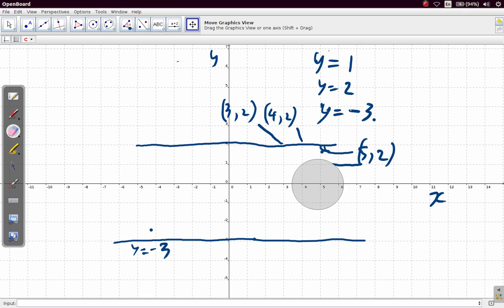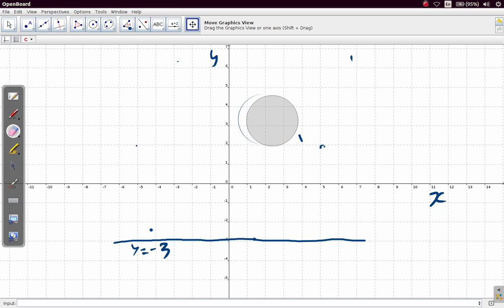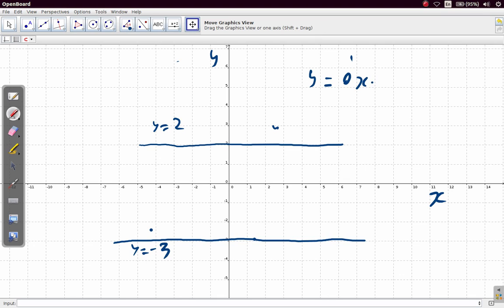Now, let me concentrate on this particular line a little bit. Oh no, it's gone. Let me draw it back. This line here, y equals 2. Now, the thing is, this could be in the form y equals 0x plus 2, so that you have no x. 0 multiplied by x is 0.